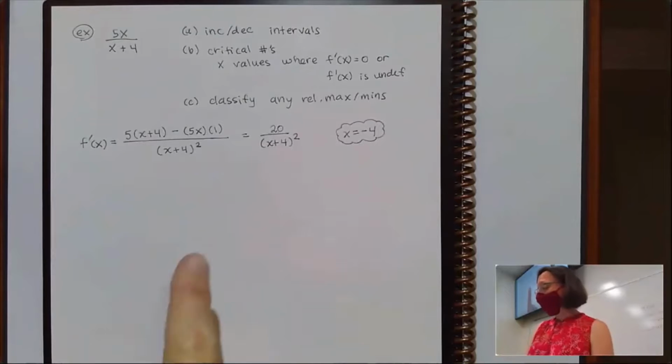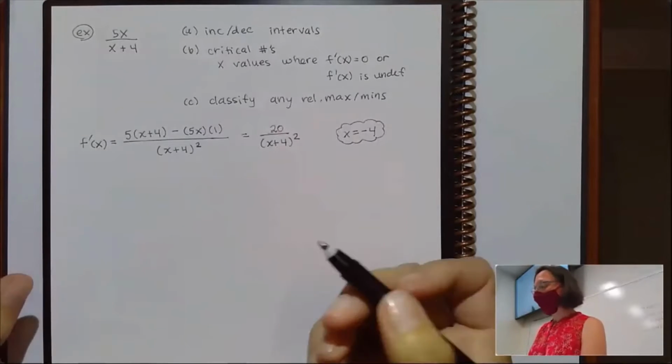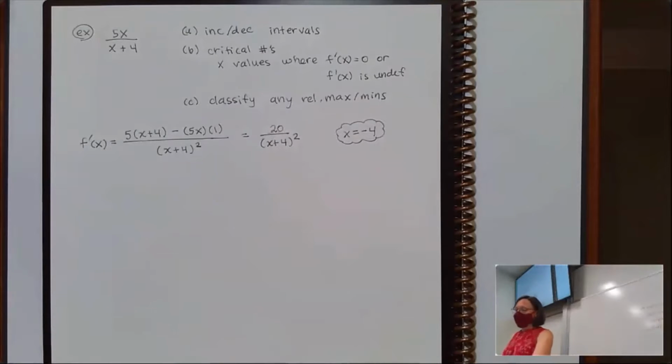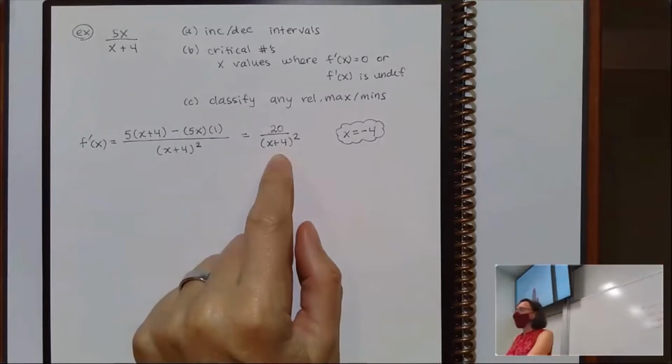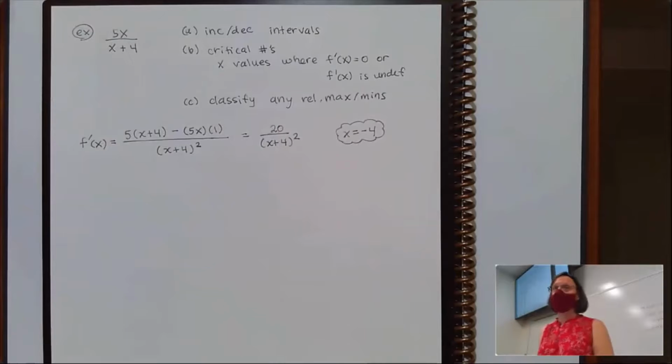But I still care about where we're increasing and decreasing. So I might still think about a number line, but don't think too hard, because no matter what I plug into the bottom, I'm about to square it. Which means no matter what else is happening, this thing is always increasing.